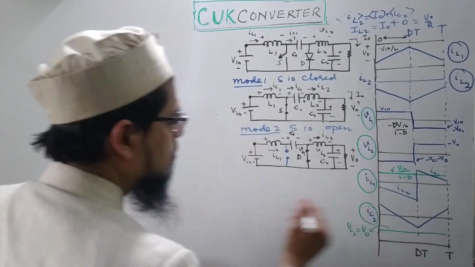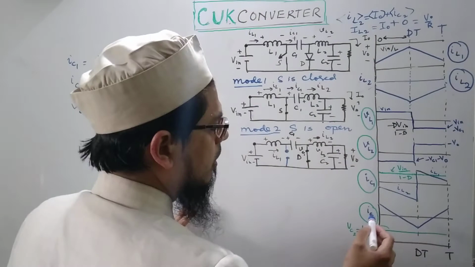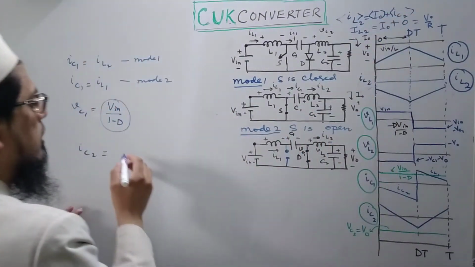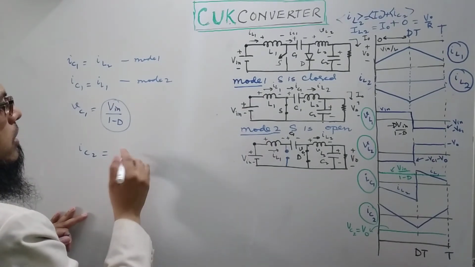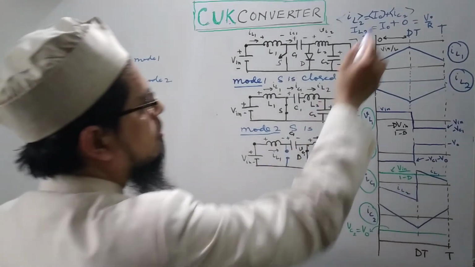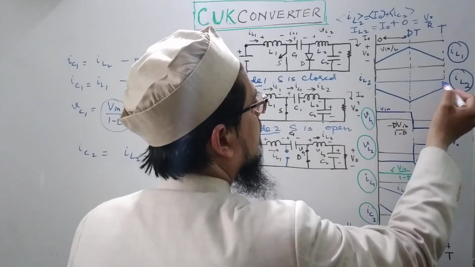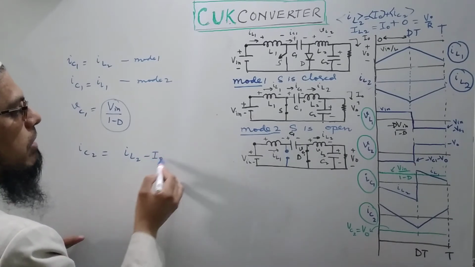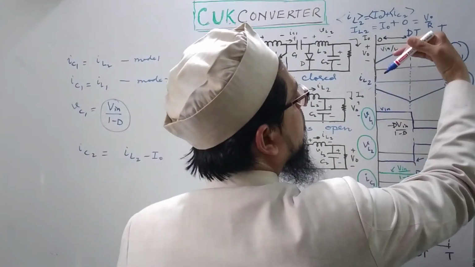What about IC2? Now you see from this equation, IC2 is IL2 minus I naught, for both case 1 and case 2. So IL2 is this one, and you subtract I naught from it, and minus I naught will be a positive quantity, so this curve is going to shift upwards.